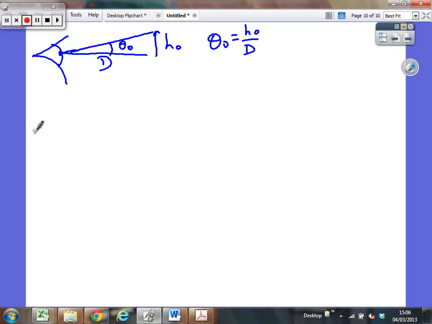Now let's use a magnifying glass to magnify the object, but this time slightly differently. Instead of placing the image at the near point, we're going to place the image all the way over at infinity. To do this, we need to place the object at the focal length f.